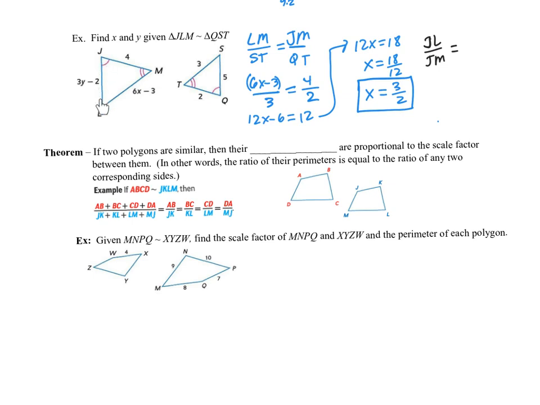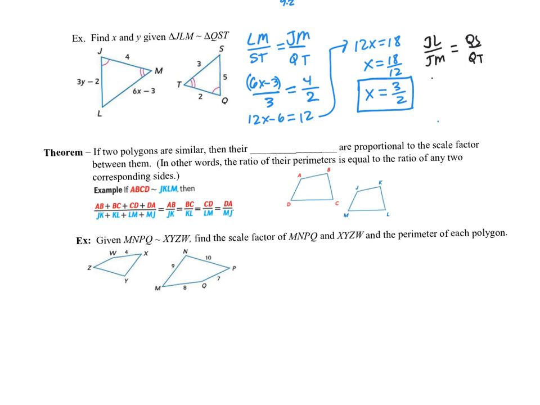Well, JL would correspond to QS. And then JM, that's the first and last, would correspond to QT. Okay, so let's go back and fill in the expressions.